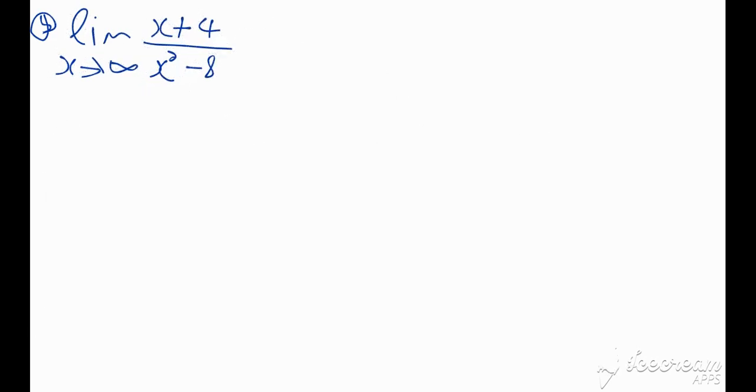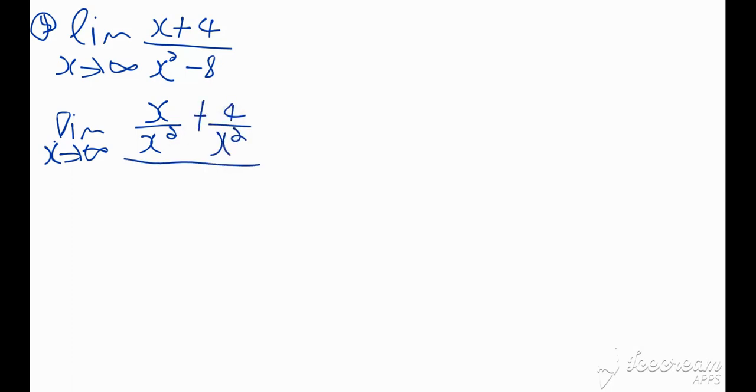When we look at question B, the highest power of the variable in the denominator is squared. So we're going to divide all the terms by x squared. So this is going to become the limit as x tends towards infinity of x over x squared plus 4 over x squared all over x squared over x squared minus 8 over x squared.